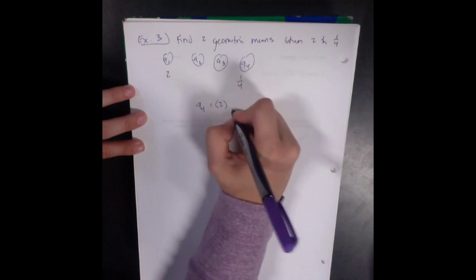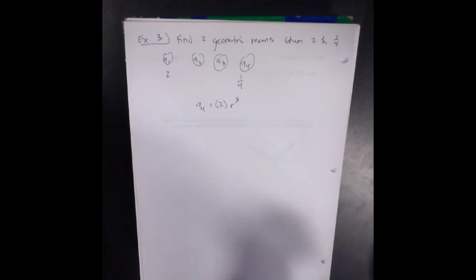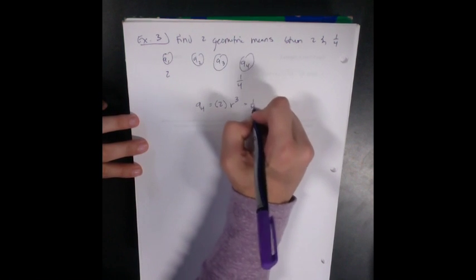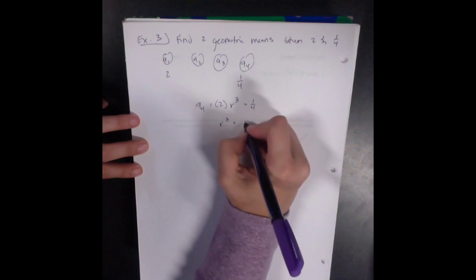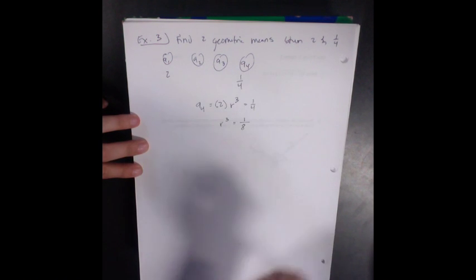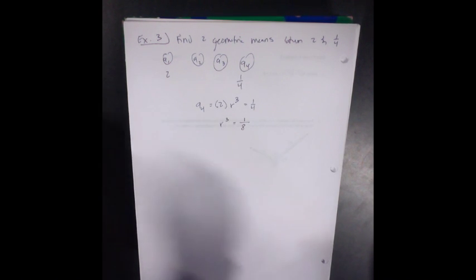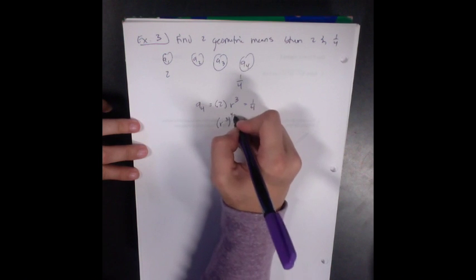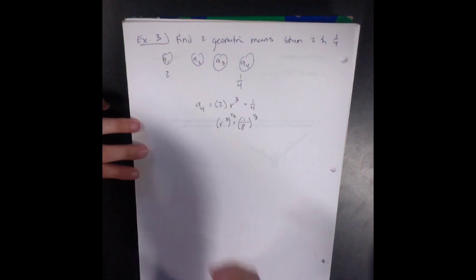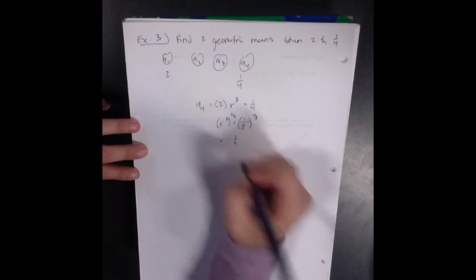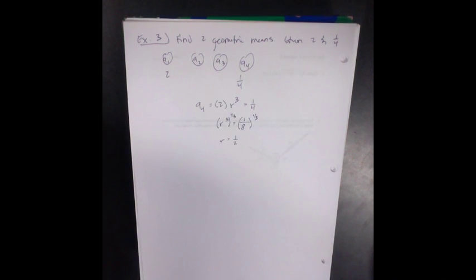A4 is A1 times r cubed, and I know this equals 1/4. So I divide both sides by 2, giving me r cubed is 1/8. Again, you could raise everything to the 1/3 power to solve for r, or you could just know that r is 1/2.